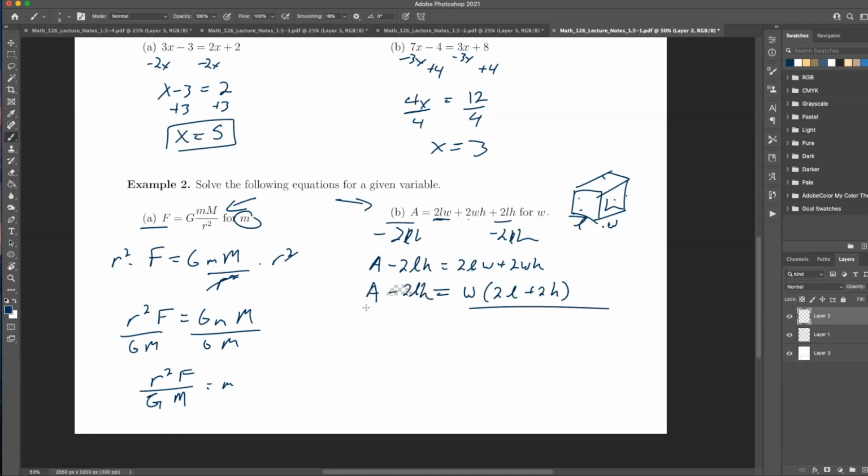Then I'm just going to divide that from both sides. And most of the time, you actually don't write out the division. You just perform it like this. And all your professors should be able to follow what you're doing when you divide it out. And so here, the width is equal to area minus 2LH divided by 2L plus 2H. Okay, I'll leave that for you guys to copy.